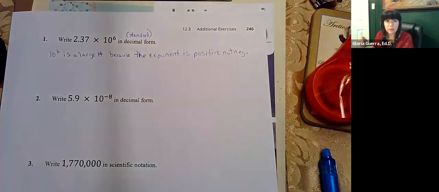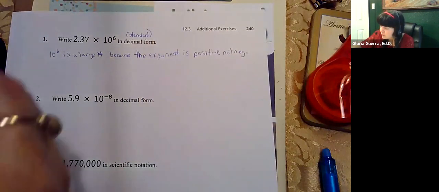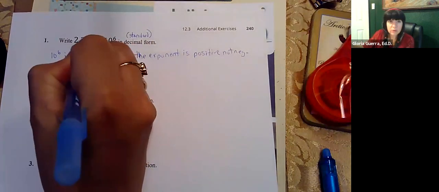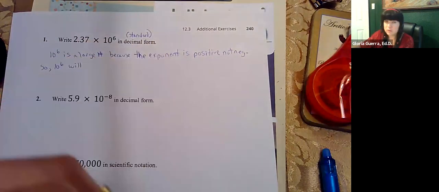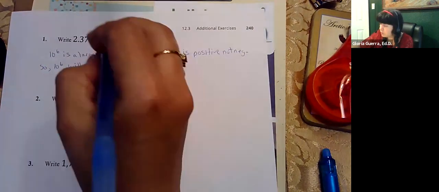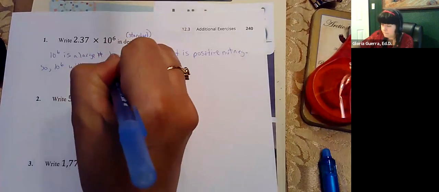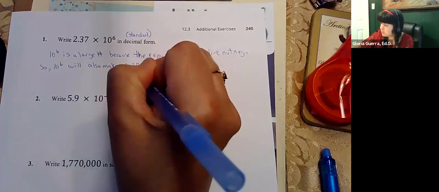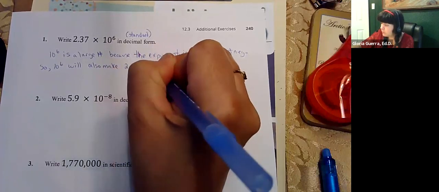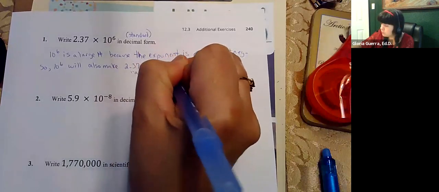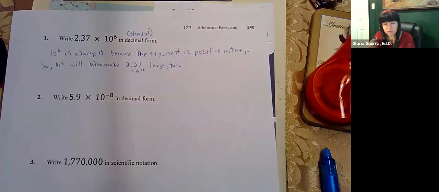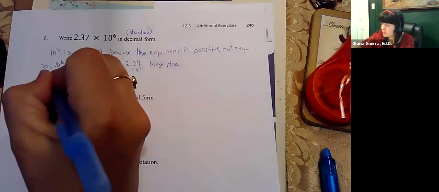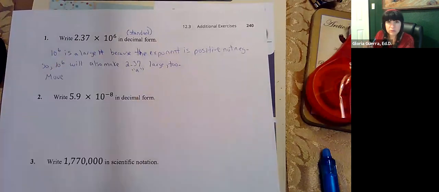Okay, so that's how I know that it's large. And so what that means is 10 to the 6 will have a certain effect on 2.37 when you multiply it. It will also make your 2.37, which is considered your a, large too. Okay. So then you have to think, how do I move my decimal point so that it becomes large, so that 2.37 becomes large?